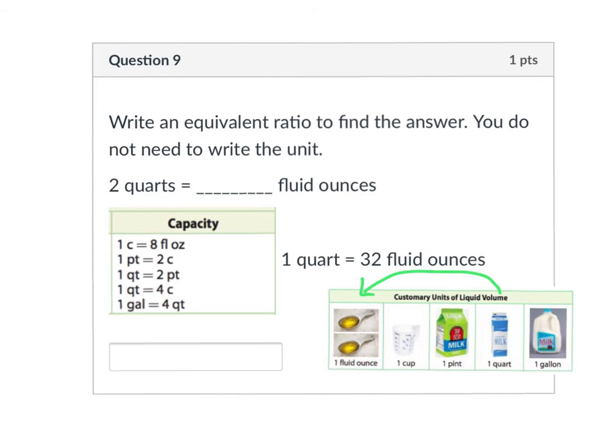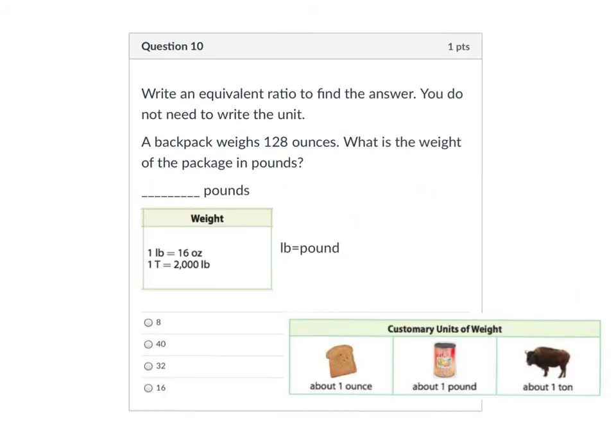This conversion isn't in your chart, so we are going to figure out this using right here, this tip. So 2 quarts, we need to convert it to fluid ounces. Every quart is 32 fluid ounces, so we're going to take 2 times 32, and we will get 64 fluid ounces.